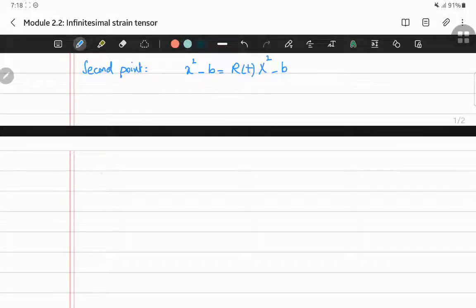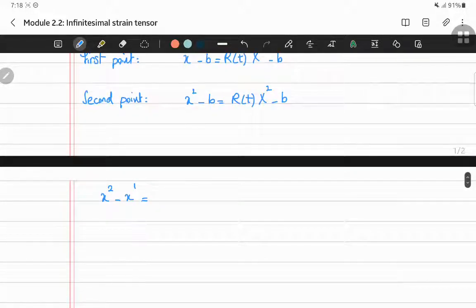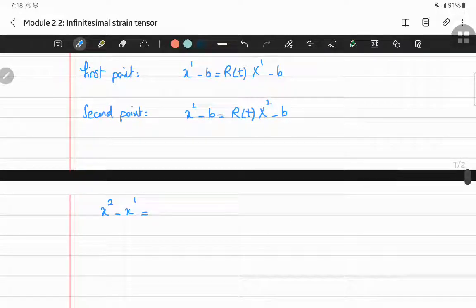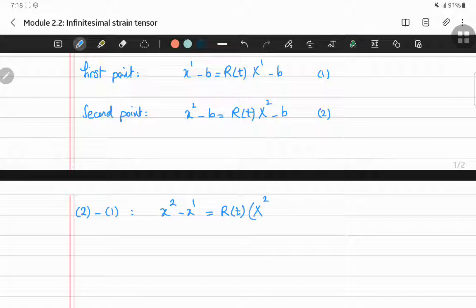For this, I subtract these two from each other: x2 minus x1, where 2 minus 1 gives x2 minus x1 is equal to, and then we can get rid of these b's, R transpose times capital X2 minus X1.